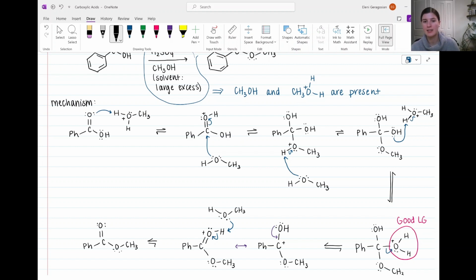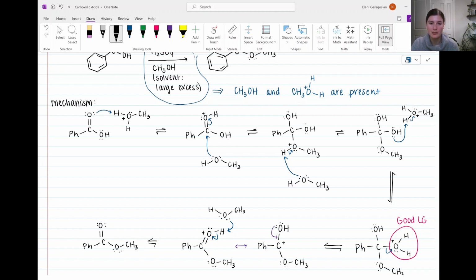We work in acidic conditions, so everything will either be positive or neutral. Start with activating the carbonyl by protonating the carbonyl oxygen. Then we do nucleophilic addition with the neutral solvent, proton transfer, and then we protonate an OH group to generate a good leaving group.